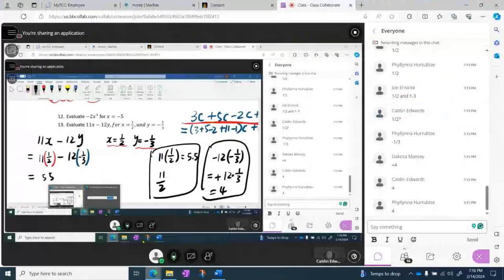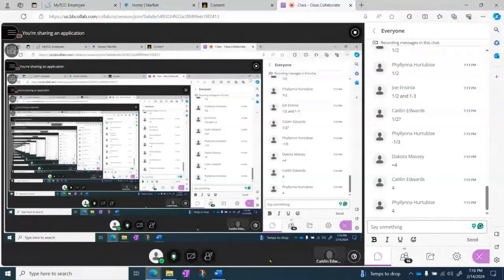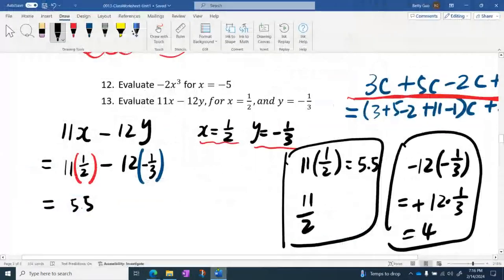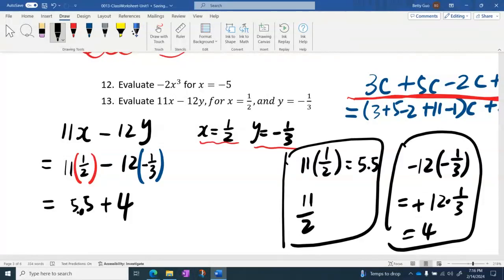So it is a positive 4. So the answer is 5.5 plus 4. You don't have a negative anymore. This minus sign can be seen as a part of the 12, negative 12, as a factor of the second term. So 5.5 plus 4, you have 9.5.